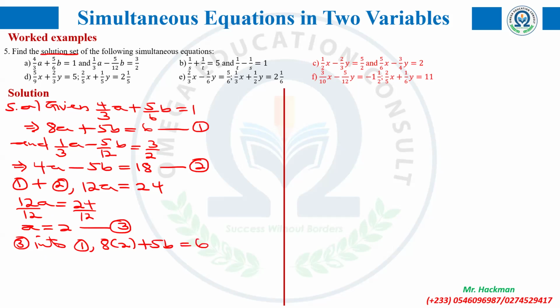So 8 times 2 will give us 16 plus 5b is equal to 6. You move this one to the side. That will give you 5b is equal to 6 minus 16, and that will give us minus 10. You write it again before you divide: 5b is equal to minus 10, over 5, over 5. So you get b to be equal to minus 2.